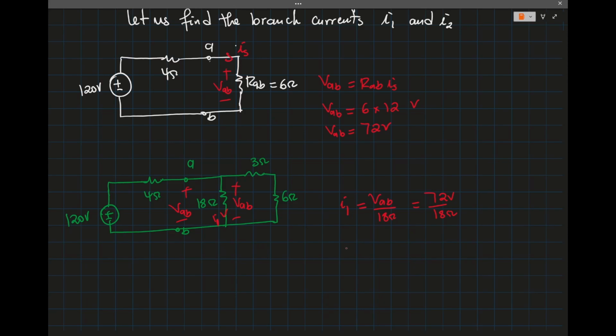And then what is I2? For I2, we have the same voltage across that 9 ohms. So VAB divided by 6 plus 3 ohms, so 72 volts divided by 9 ohms.